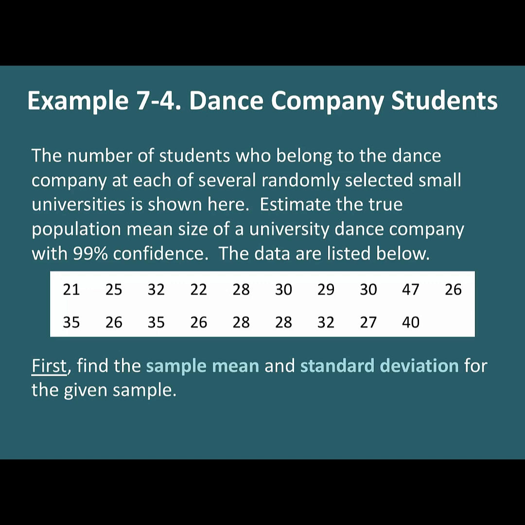You should recall how to find sample mean and standard deviation from previous lessons. Here we get our sample mean as 29.8 and our standard deviation as 6.176. I invite you to pause the video and confirm that these two values are accurate. It is important that you pause the video here and try this yourself to remind yourself how to find the mean and the standard deviation, once again, using the concepts from previous sections earlier this semester.